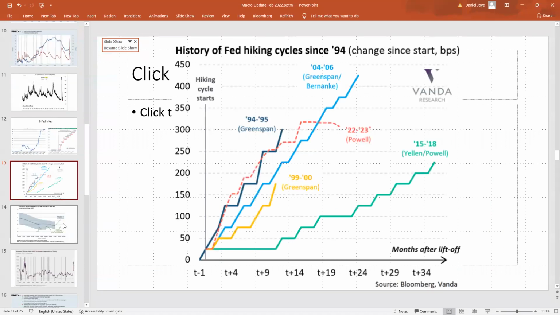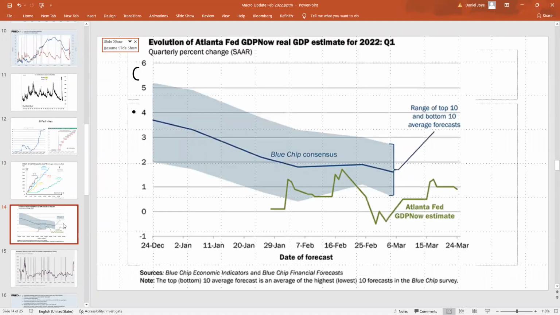We were here. Okay. So the other thing I want to show is the GDP. This is an estimate from the Atlanta Fed of what GDP growth should be over the next quarter. This one would be the estimate for Q1. It hasn't come out yet, and for Q1, the estimate is basically that it's not going to be great. We're talking about 1% GDP growth compared to last year, where we were talking a few percentage points of GDP growth.